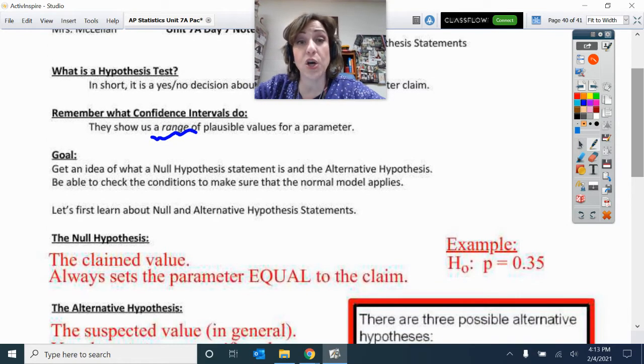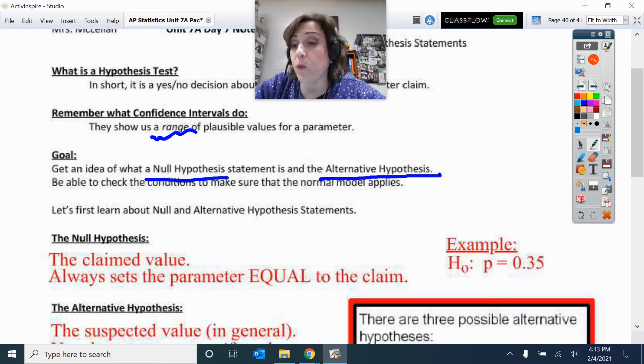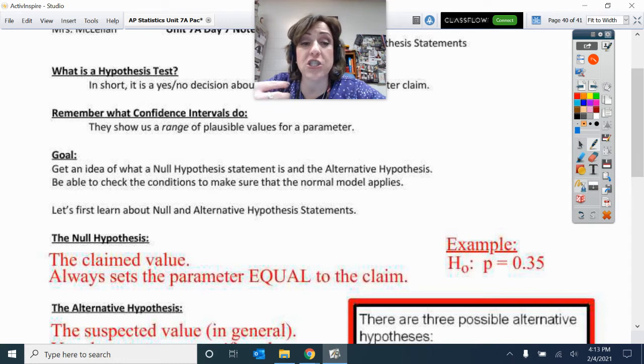Now, the goal of this lesson is to get an idea of what this thing called a null hypothesis statement is and the alternative hypothesis statement. Eventually we'll check the conditions to make sure that the normal model applies.